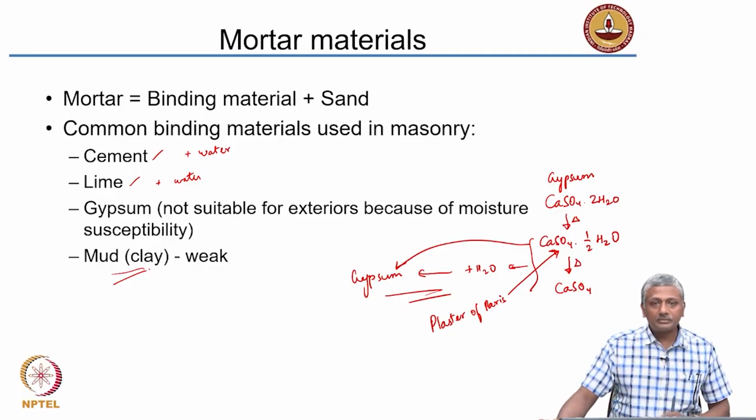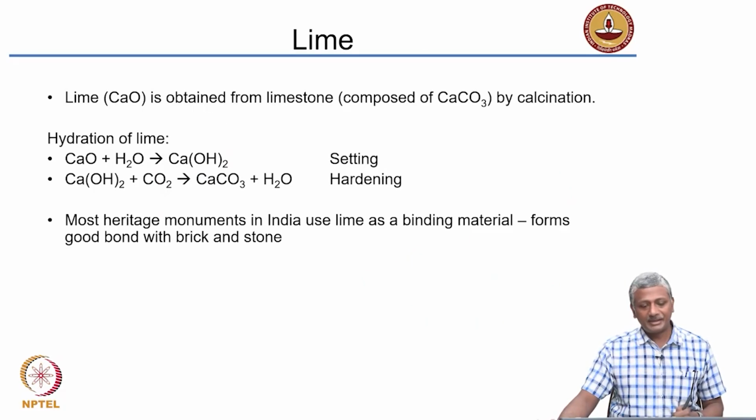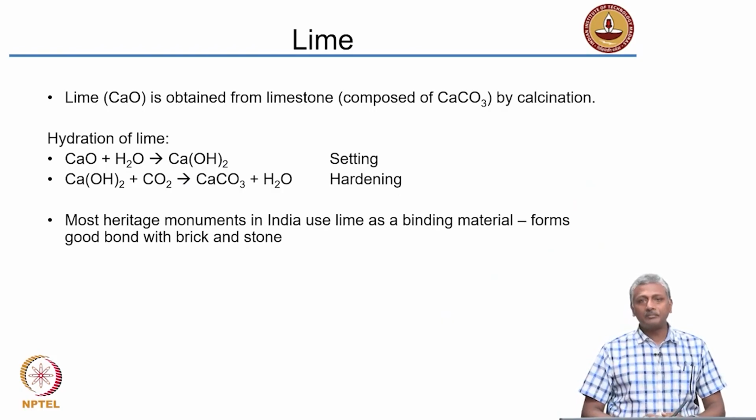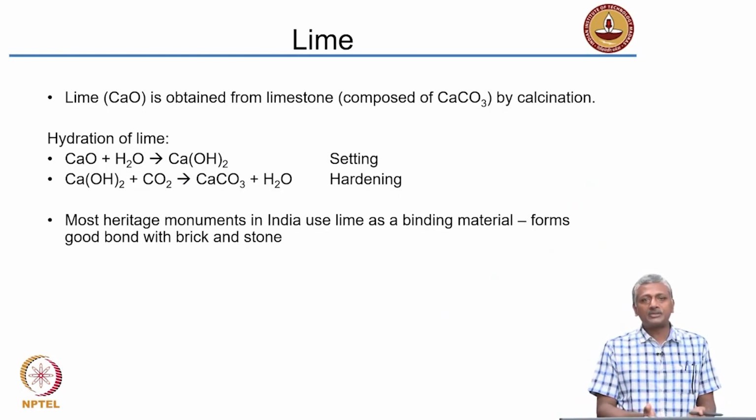Okay, now one of the materials that is used extensively in India for most of our heritage monuments in the past is lime. And lime essentially was the material that was being used for thousands of years before we started using cement.